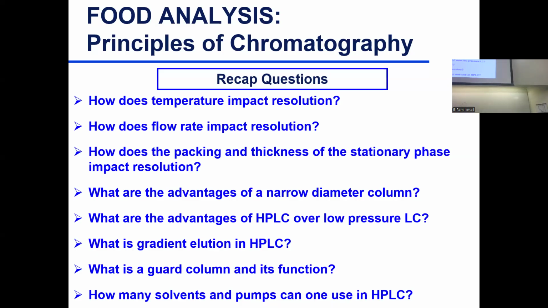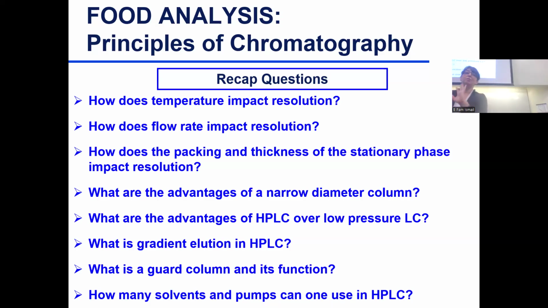Yeah, so exactly, we are protecting the column from impurities that would just stick on the column and block functional groups and just make the column not efficient. Do we have a guard column in GC? What do we do in GC? We cut the first part of the column after so many runs, because that first part of the column acts as a guard.